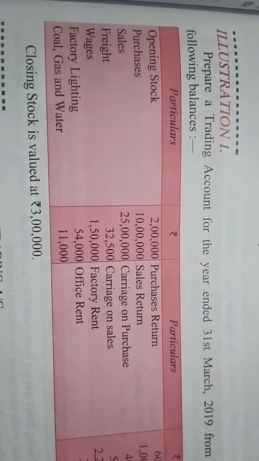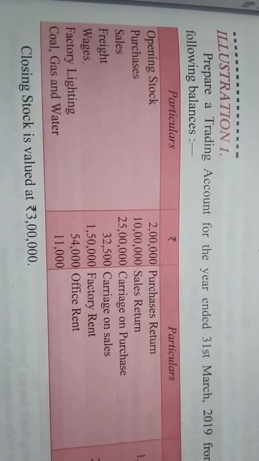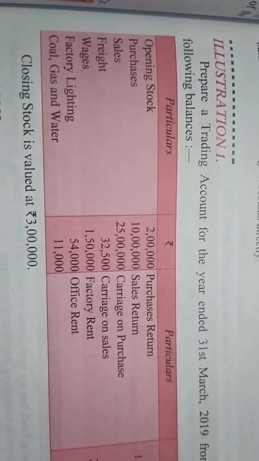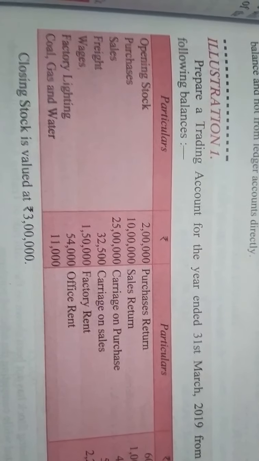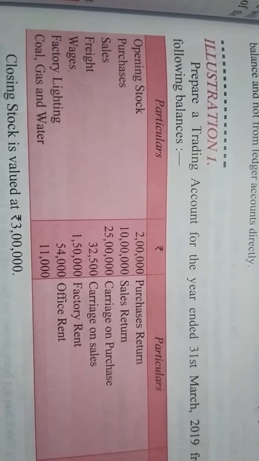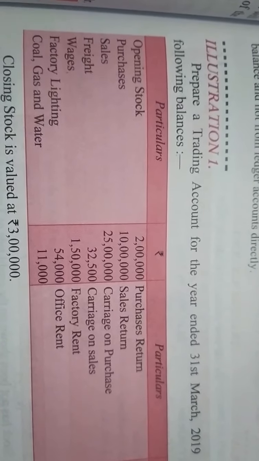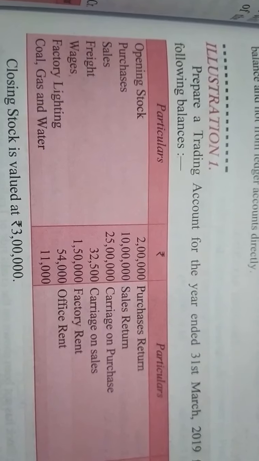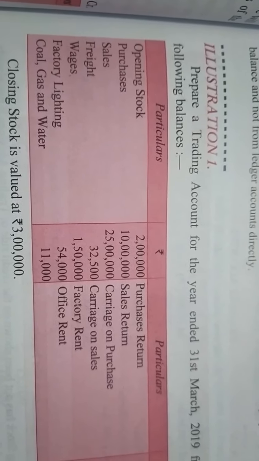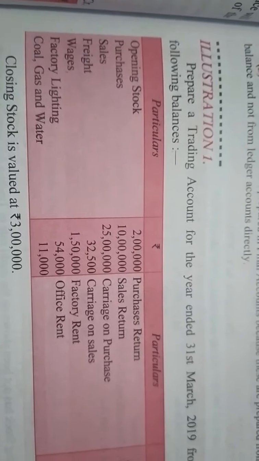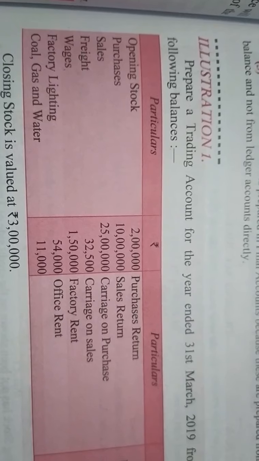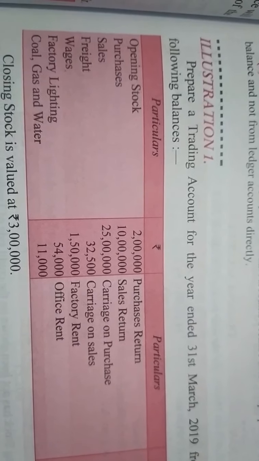In the trading account, on the debit side, as already told to you, the things which are posted are OPD. O means opening stock, P means purchases, that is net purchase. From purchases, when we deduct the purchase return amount, we will get the net purchase.